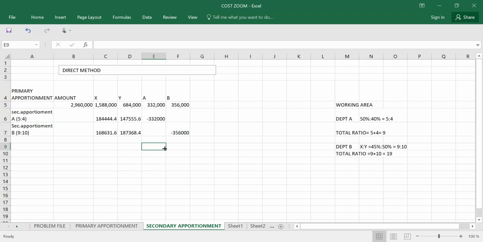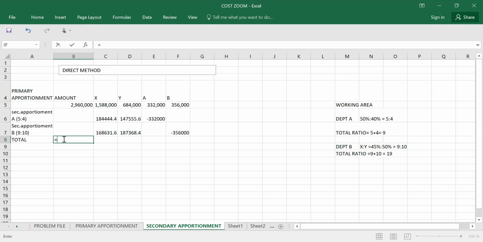So that is how we came to get this, such that at the end here, when we are having our totals, I simply add vertically, right?